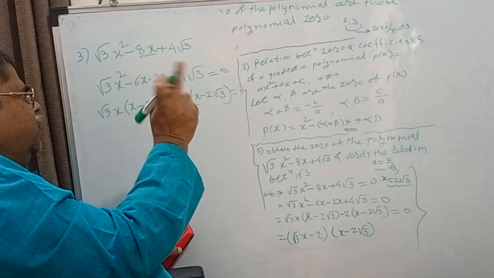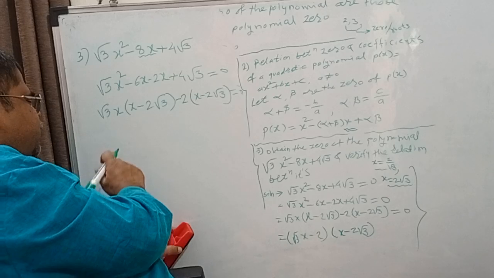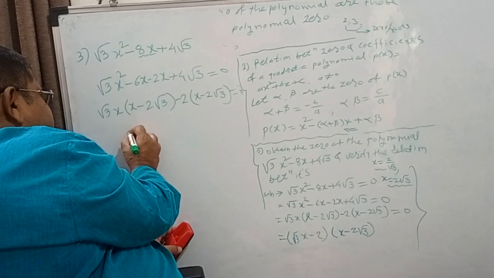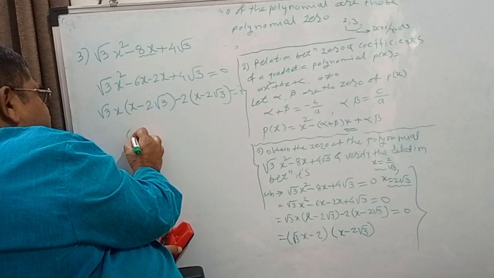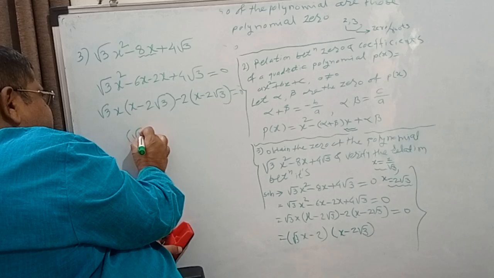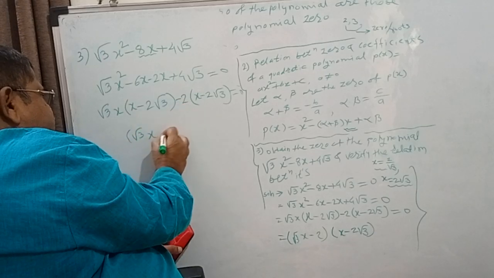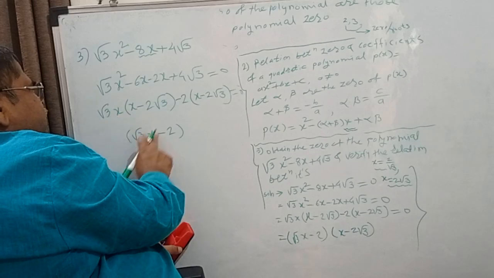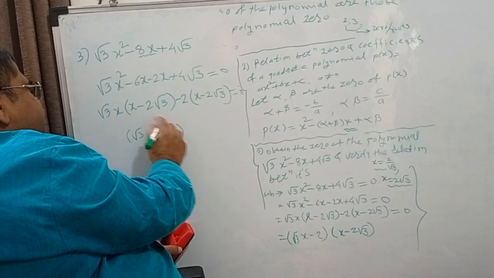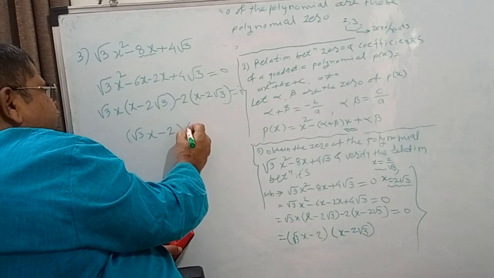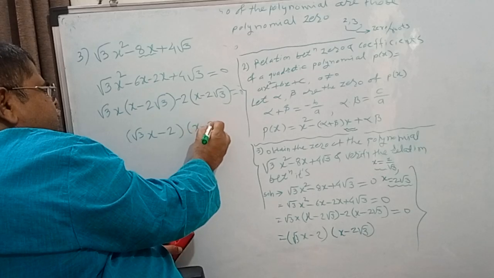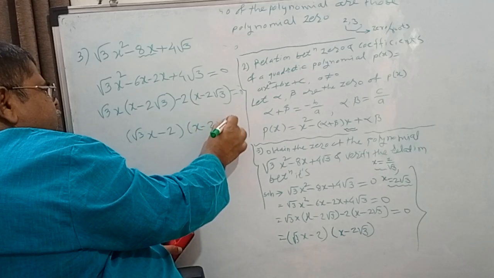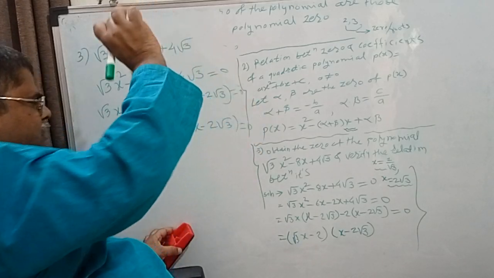There should be two roots. The first root is root 3 x minus 2, and the second is x minus 2 root 3 equal to 0.